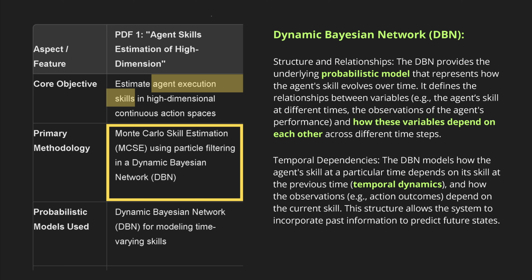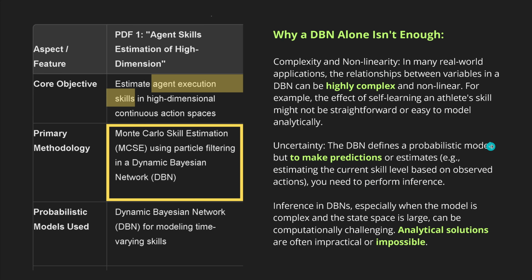So this structure allows the system to incorporate past information to predict future states. But careful, you have to get all the variables right, and you have to build a system that is really able to handle multi-dependency intertemporal dynamics of your system. Okay, great. Now we have this.